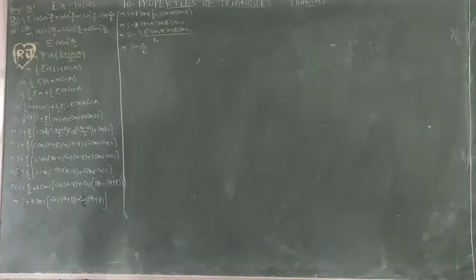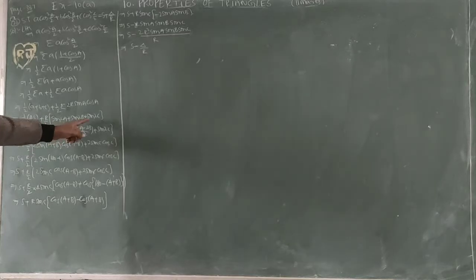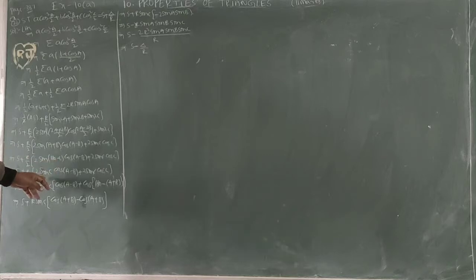So actually, what happened, one more time: sin 2A plus sin 2B plus sin 2C. This is 2 sin (A plus B) cos (A minus B). Sin (180 minus C) equals sin C, and 2 sin C cos C is also in sin C, so 2 sin C is common.